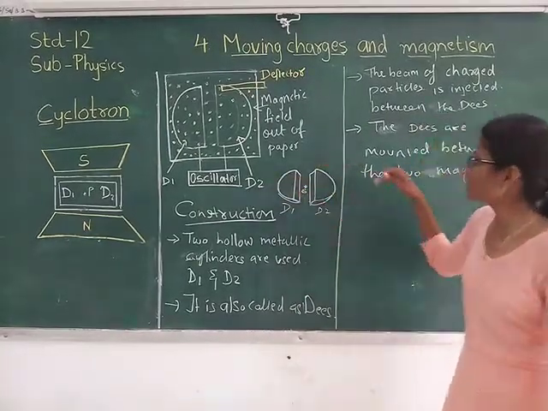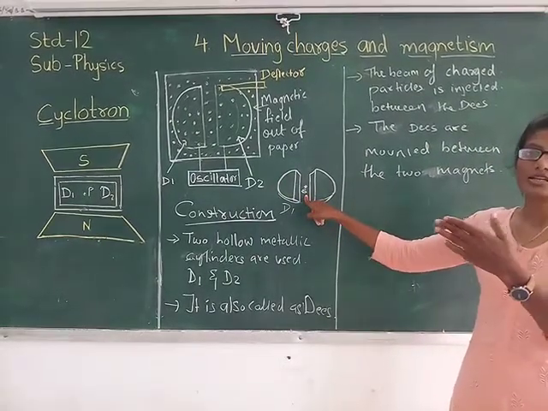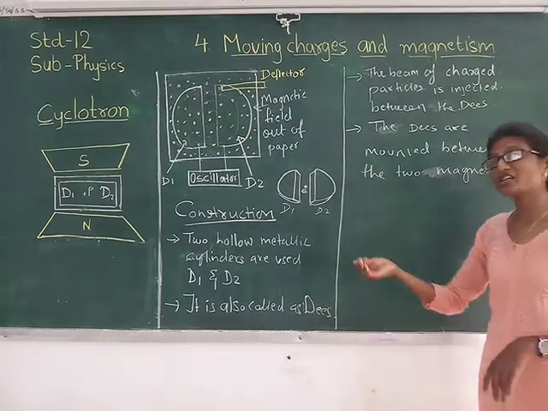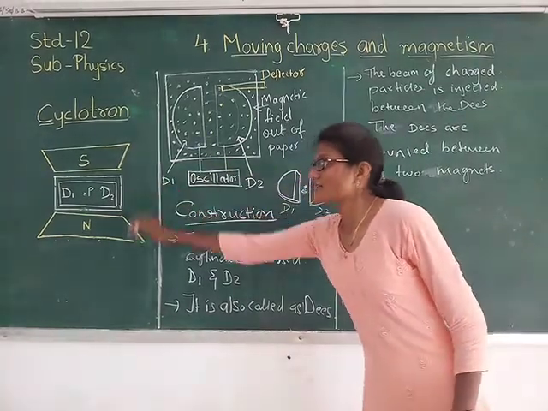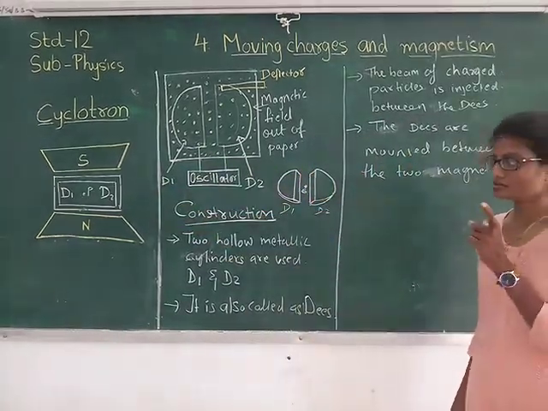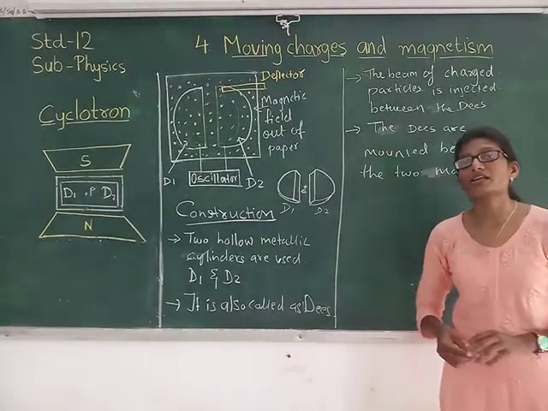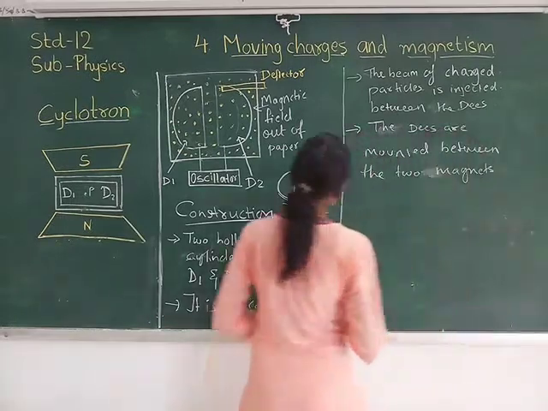Next we are having the source of the charged particle, through which we are getting the charged particle, which gets accelerated to high energy. And the magnets are there for which the magnetic field is produced, and because of that magnetic field the charged particle exhibits a circular path. Okay.